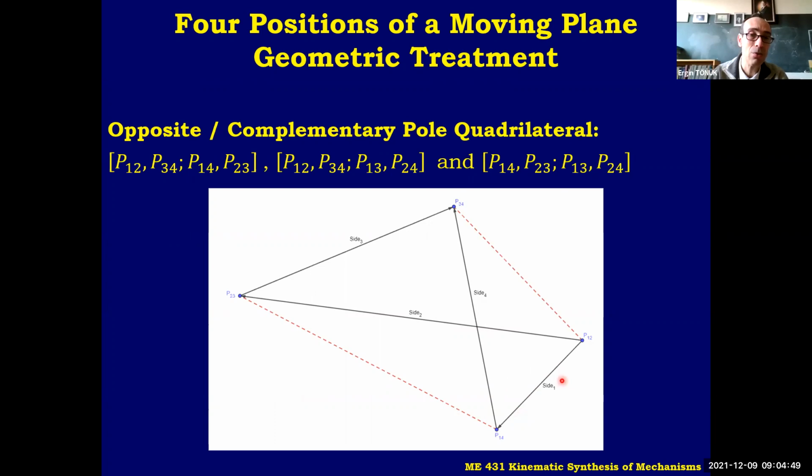For our specific case, if I need to find the positions of these poles, which do not have any 1 in them, in position 1, I will reflect it about this side, okay? Similar to that, this was 1, 2, this is 2, 3, so it is side 2, and this is 2, 3, this is 3, 4, so that becomes side 3. This is 3, 4, this is 1, 4, this is side 4.